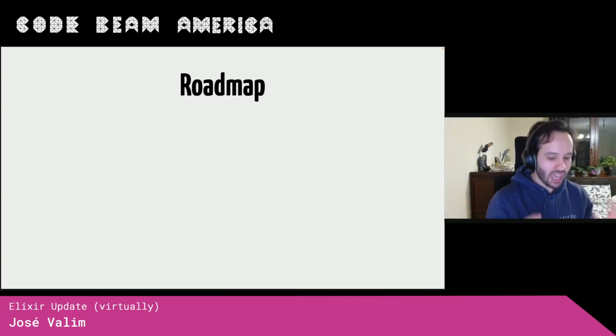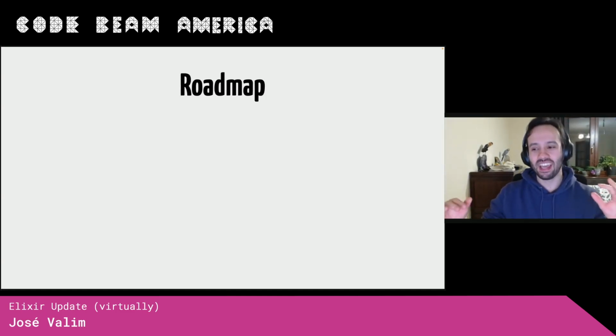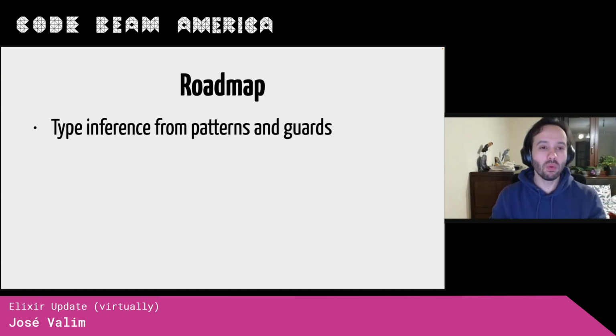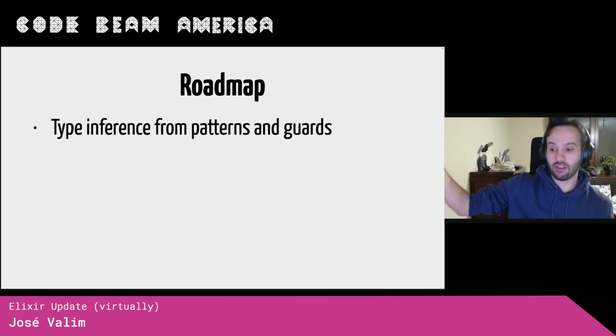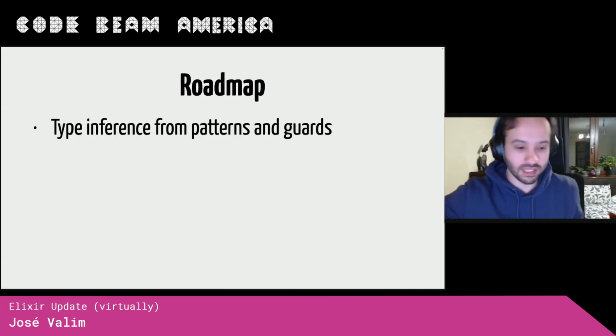But I want to say also that this is just the beginning. It's a lot of work. There's a lot of work ahead of us. But the roadmap, roughly, for this initial milestone, is that we want to infer types from patterns and guards. So we want to look at pattern matching. We want to look at guards and say, oh, you have a guard that says is_integer or is_binary.